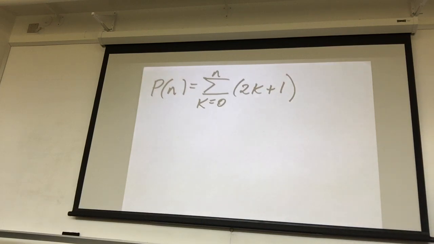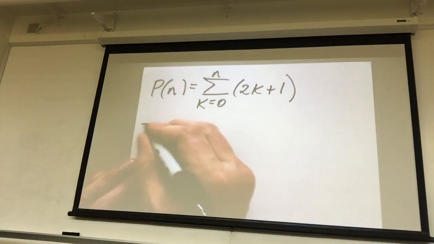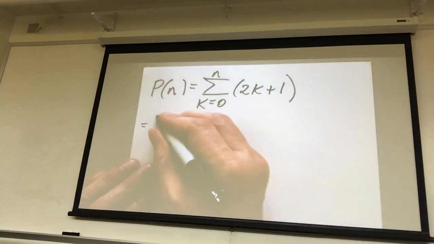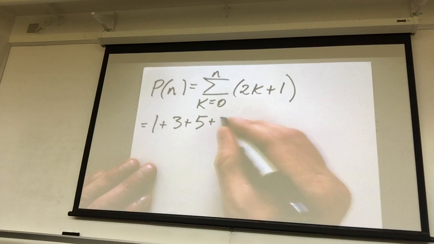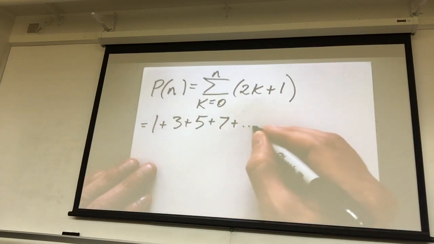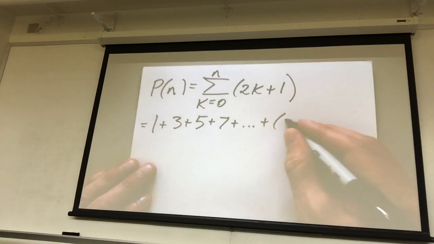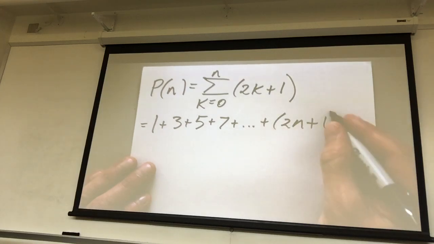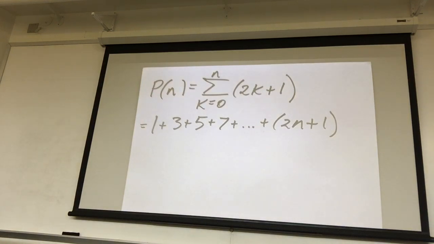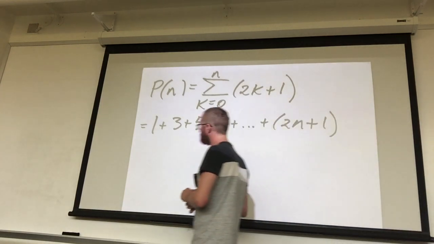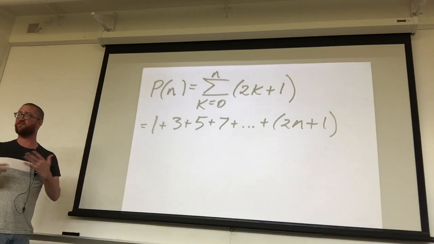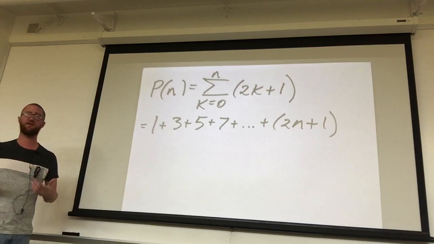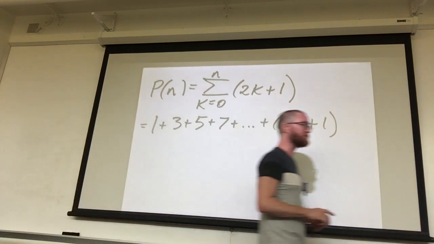What would this thing look like? Let's examine just some finite sums of this and see if we can figure out what this thing actually adds up to if we just added up odd numbers.